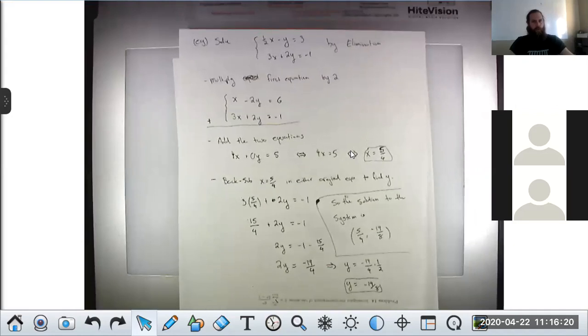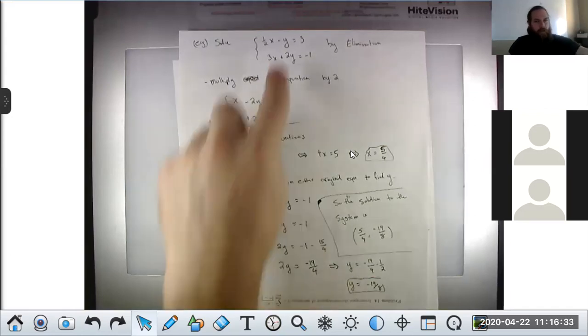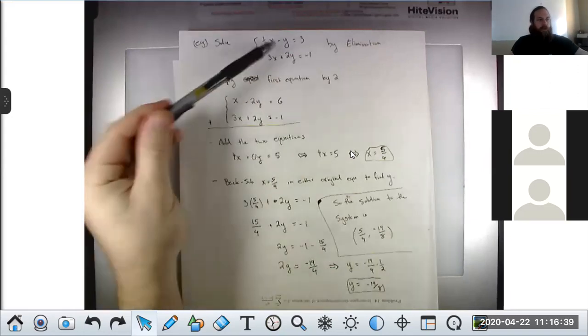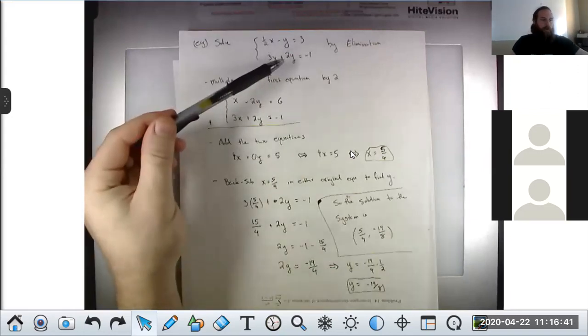So we began with this system that I wanted to solve by elimination, and I decided to eliminate the y's. In order to eliminate the y's, I realized I needed to make the coefficients of these y's negatives of each other. The coefficient of y in the first equation is -1. The coefficient of y in the second equation is +2.